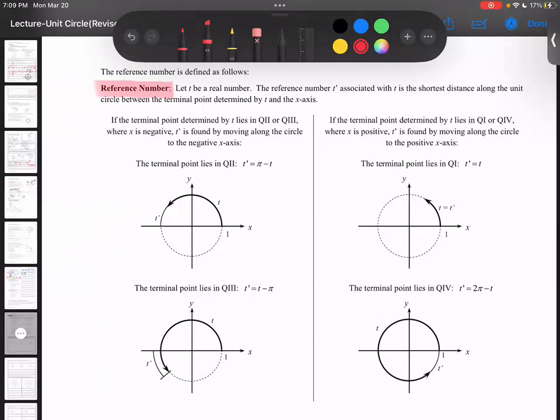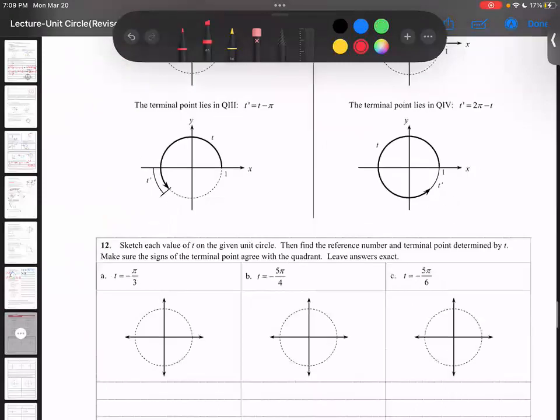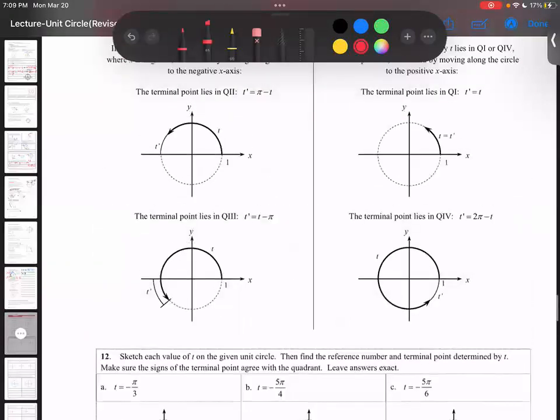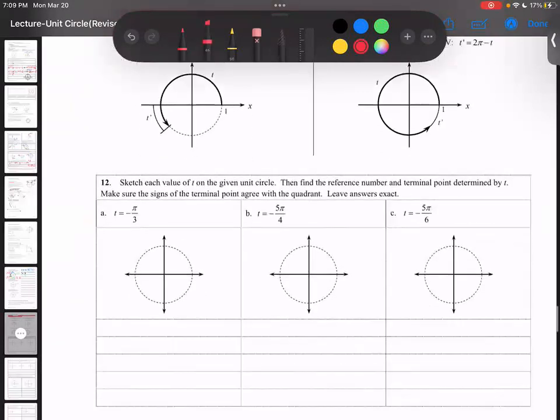All you have to know is that the reference number, t prime, associated with t is the shortest distance along the unit circle between the terminal point determined by t and the x-axis. Remember, it's the shortest distance between the terminal point and the x-axis. That's all you have to remember. I really don't remember these because once I'm done with the class, I'll forget. So might as well just use the definition so that way you don't ever forget.